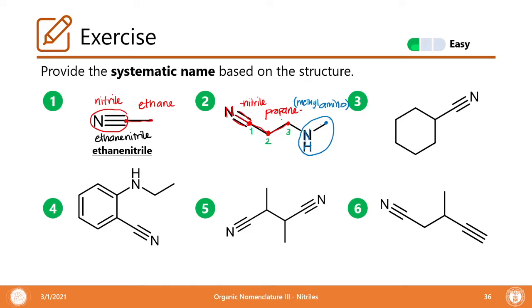So again, since it's linear, this carbon is part of the parent chain. So 1, 2, and 3.